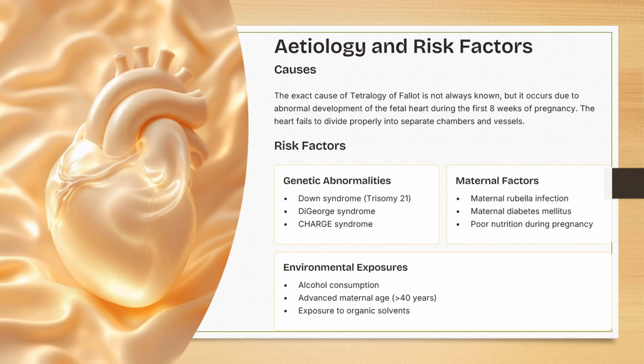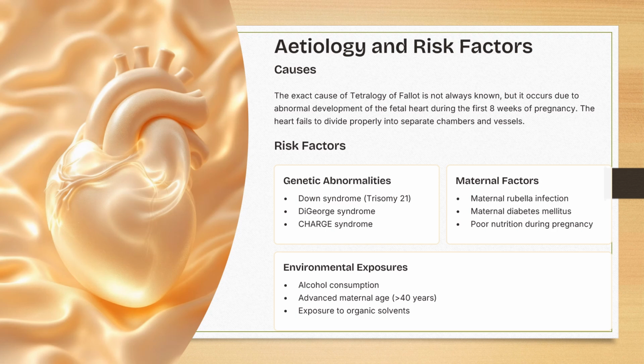It causes not only heart disease, it also causes poor immune system function, cleft palate, hypocalcemia, and other distinct facial features. Then the third problem under genetic abnormalities is CHARGE syndrome. CHARGE syndrome is a rare and complex genetic disorder. It can also cause gene mutations.